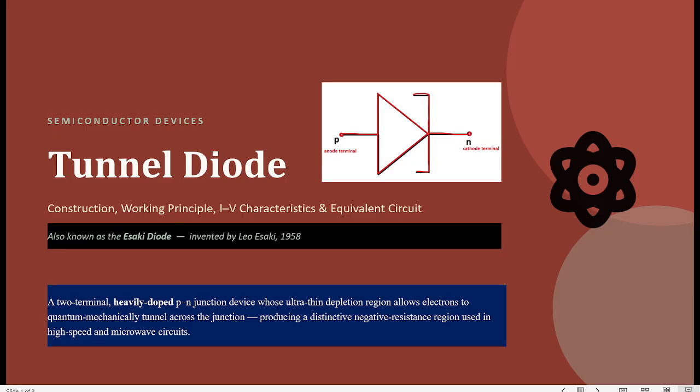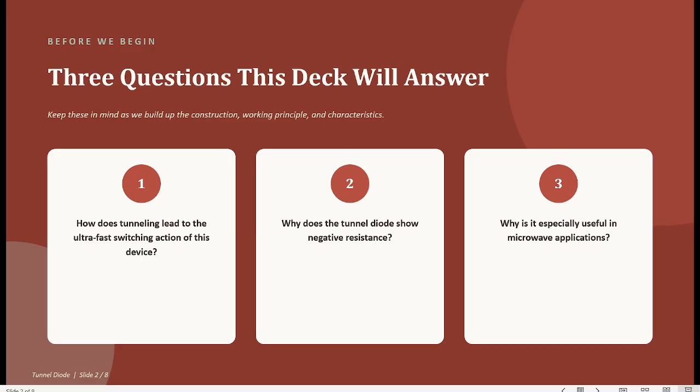So the applications of this device, because of quantum mechanical tunneling, can be in high speed switches as well as in microwave circuits. Let us begin by asking three questions to ourselves.